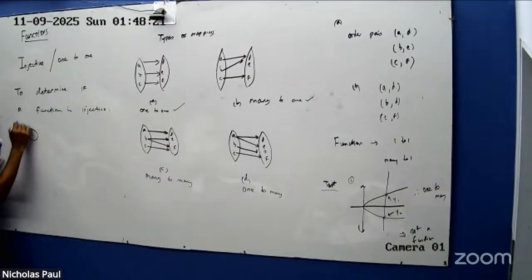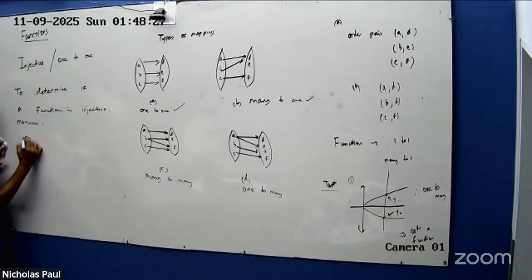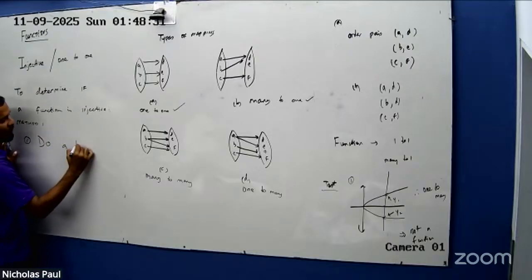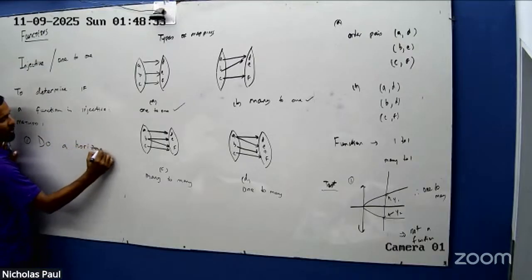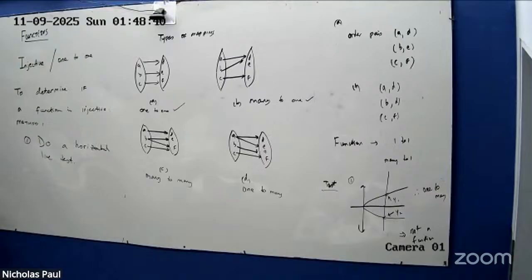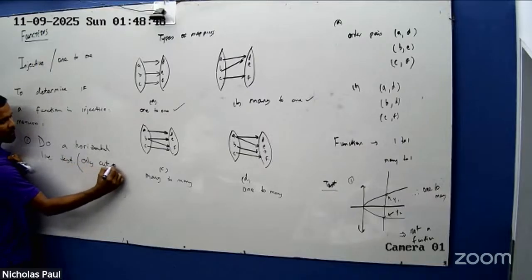We have two methods. Method one, instead of a vertical line test, we do a horizontal line test, and it should only cut once.